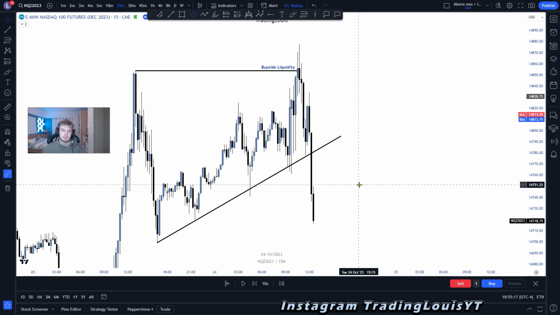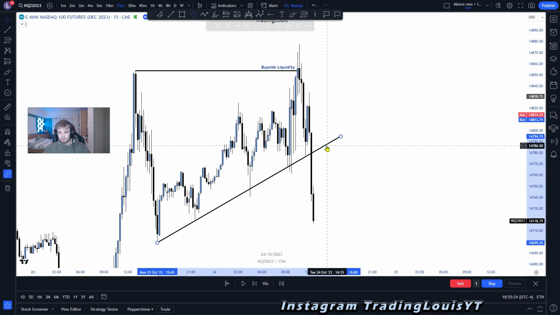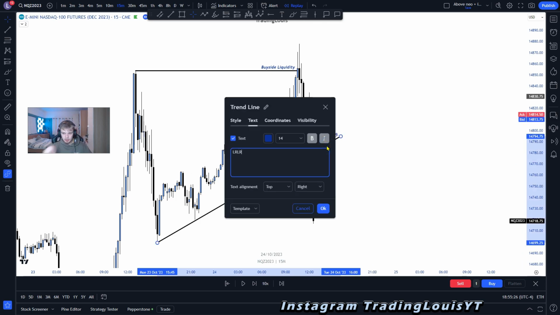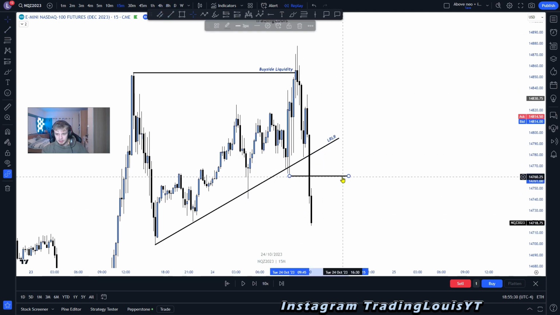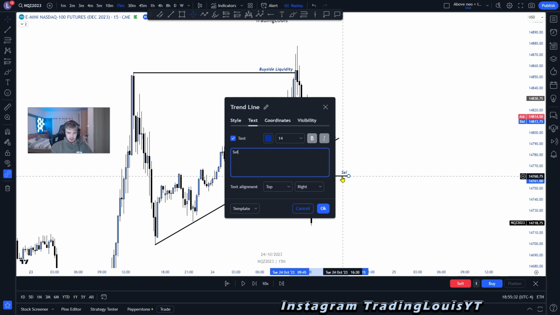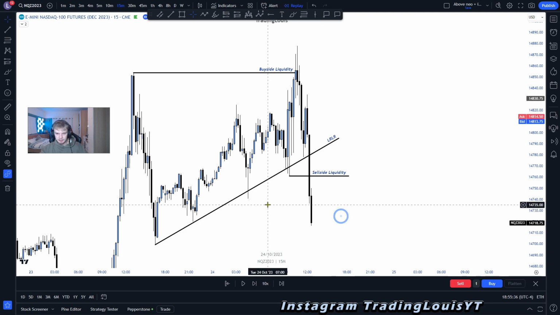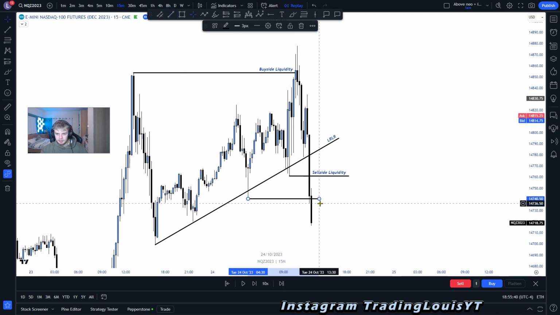I just want to explain the different types of liquidity there are. So this is the lower resistance liquidity run, and then obviously these are the different sell side liquidities. These are just the different swing low liquidities where price will want to target.